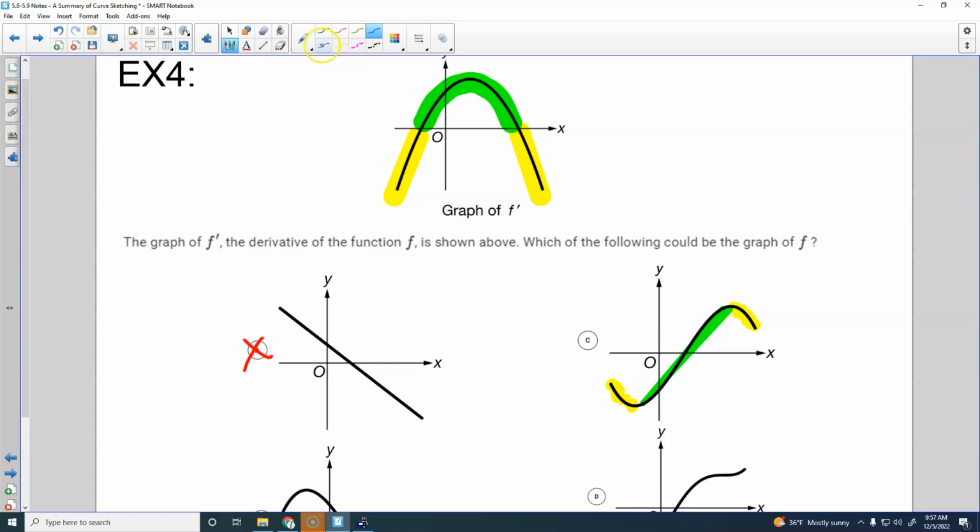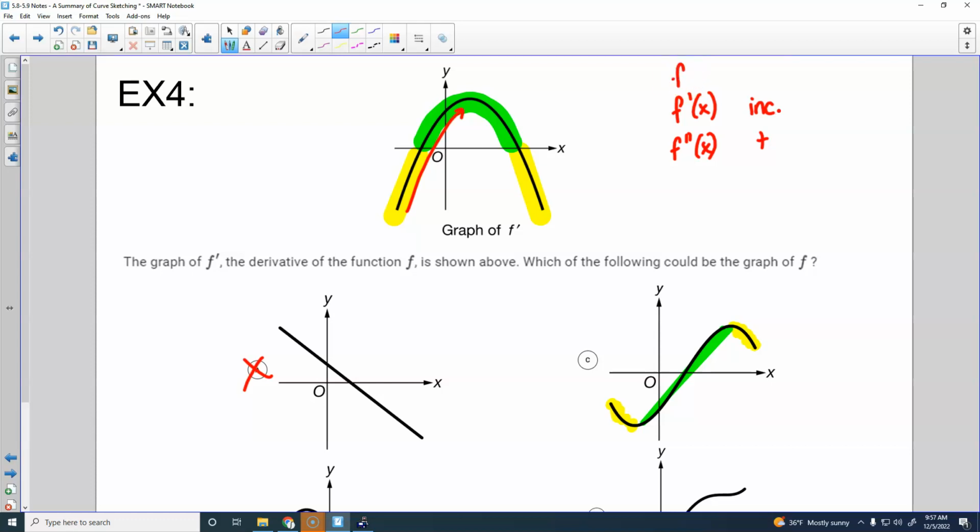So this function is increasing, right? So if f prime of x is increasing, what's that tell us about f double prime of x? It would be positive. What does f double prime being positive tell us about the original?